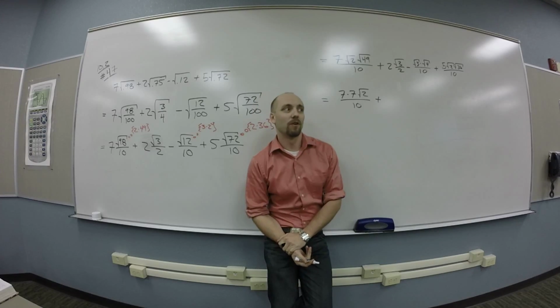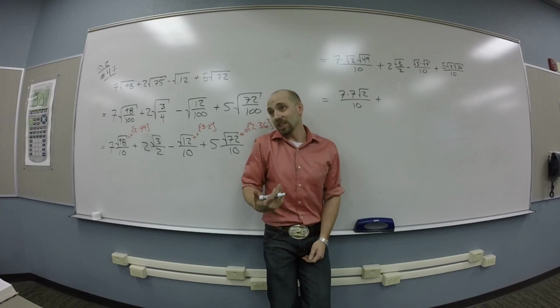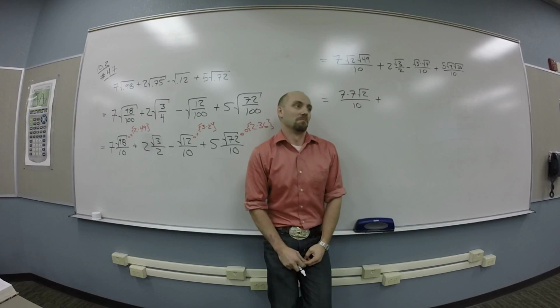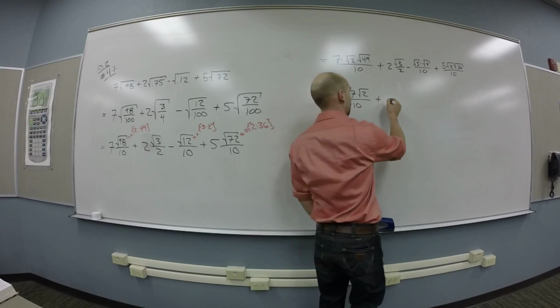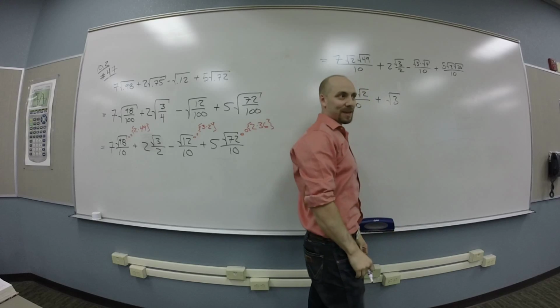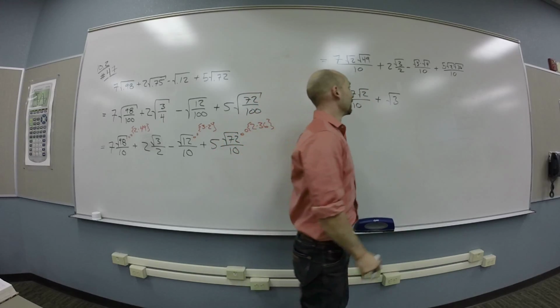Which thing is preferable here? Probably get rid of the 2. Well, I don't know. I actually don't know. It depends on how much stuff cancels later, right? I'm going to do this because I'm cancel happy. You guys can do whatever you want.